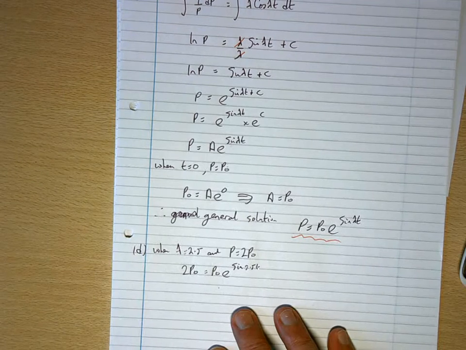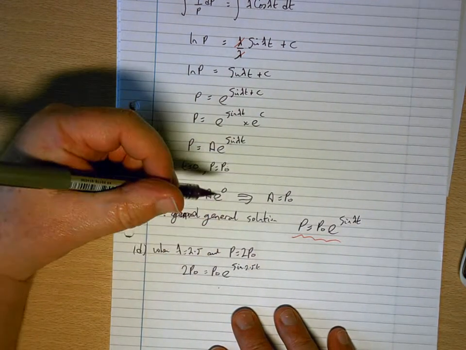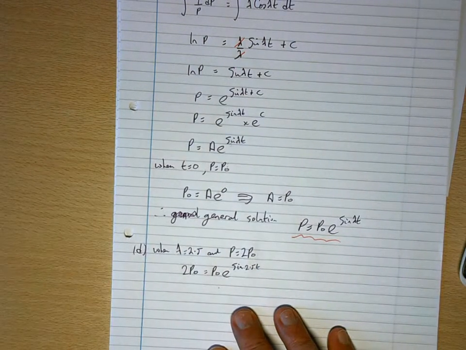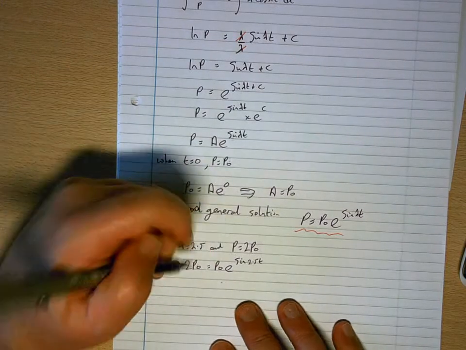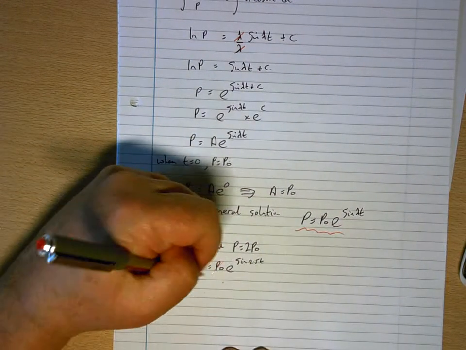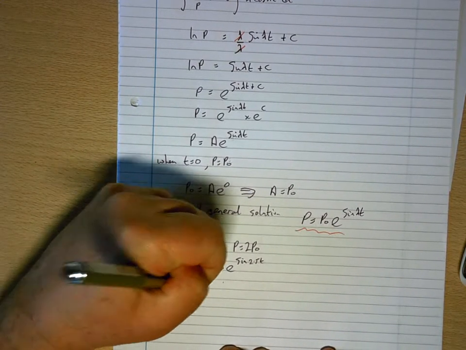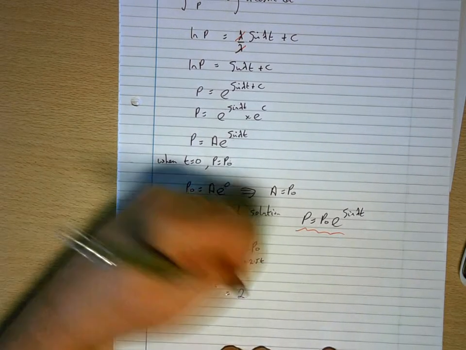so we've got 2P naught equals P naught e to the sine of 2.5 t. So the P naught's going to cancel, and I'm going to get e to the sine 2.5 t equals 2.